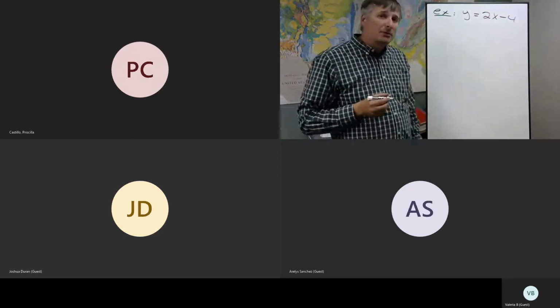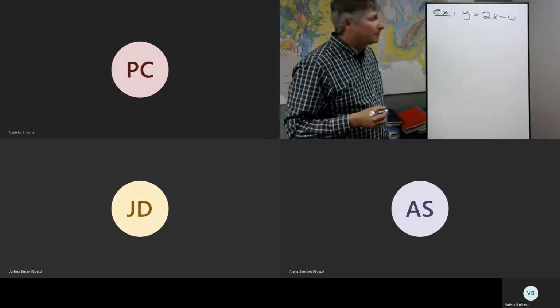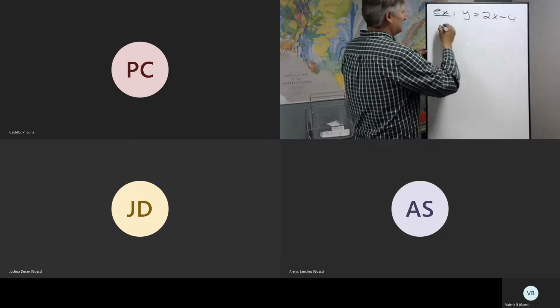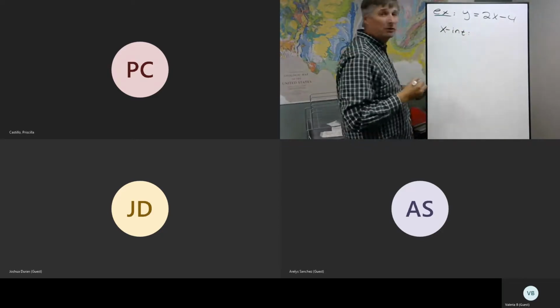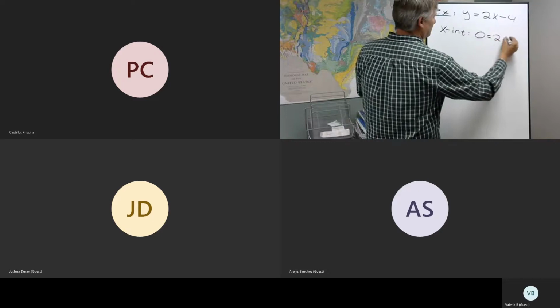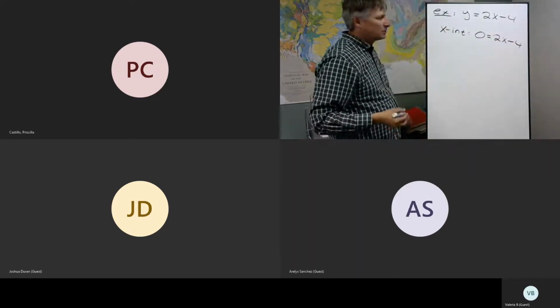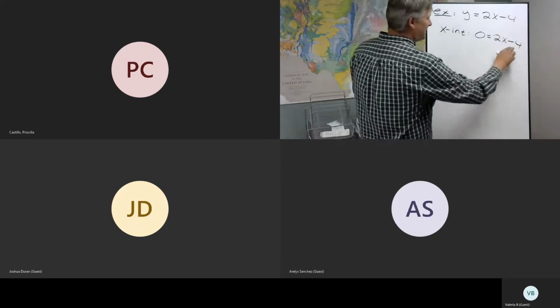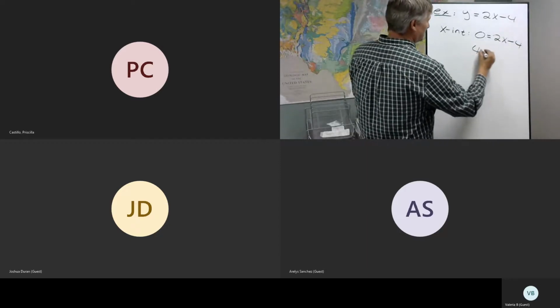So we have y equals 2x minus 4. So to find the x-intercept, we're going to let y be 0. And then we just solve for x. So we add 4 to both sides.